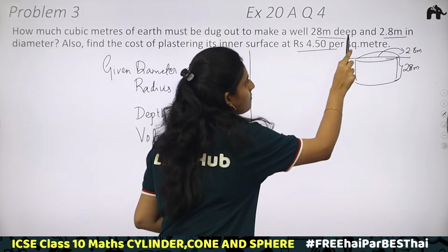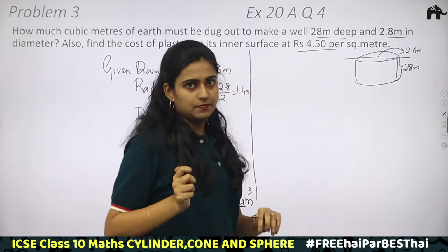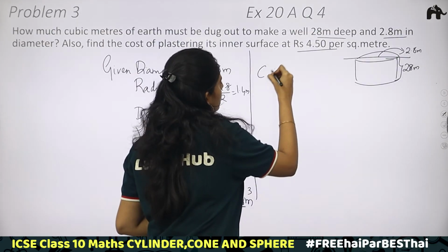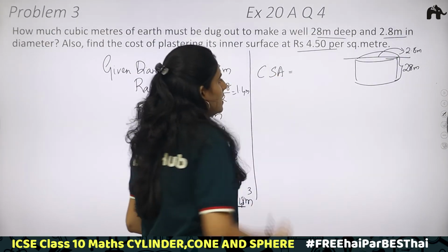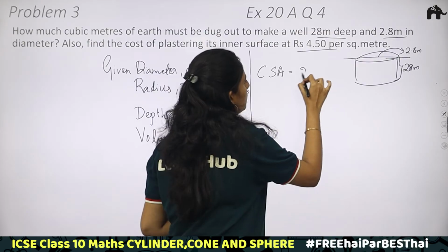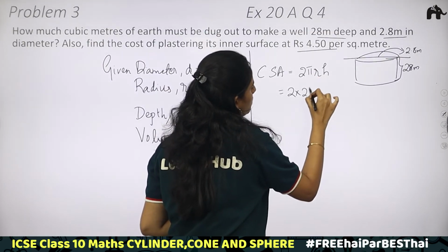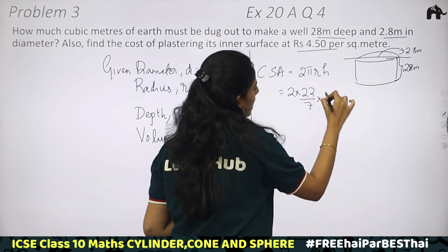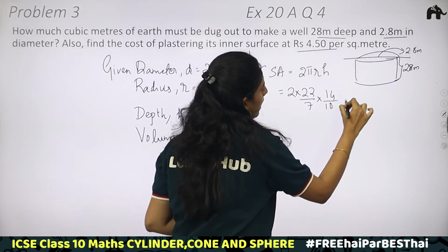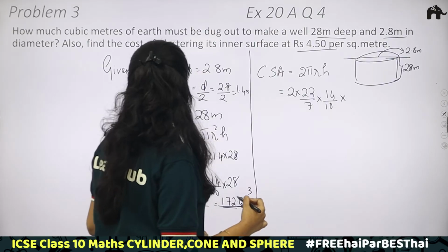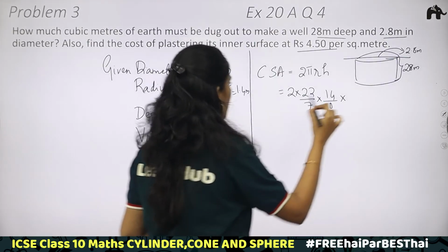For 1 meter square, the cost is given. First, we need to find the curved surface area. CSA is equal to 2 pi r h. Put the values. 2 into 22 divided by 7 into radius is 14 by 10 and the height is 28 meter.